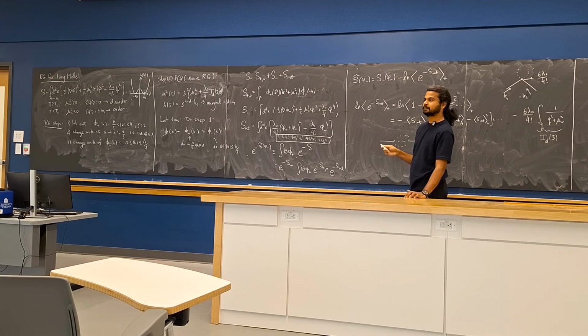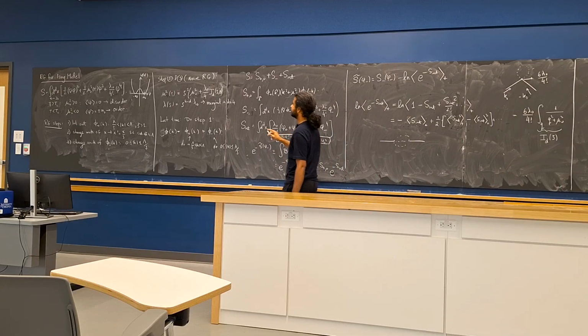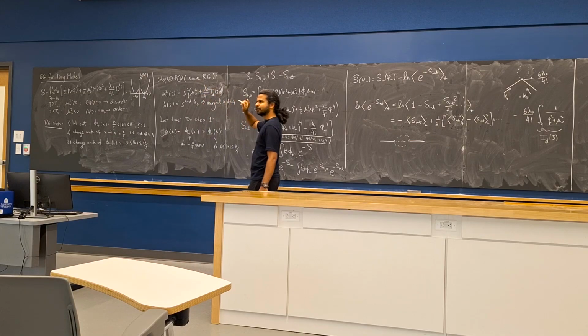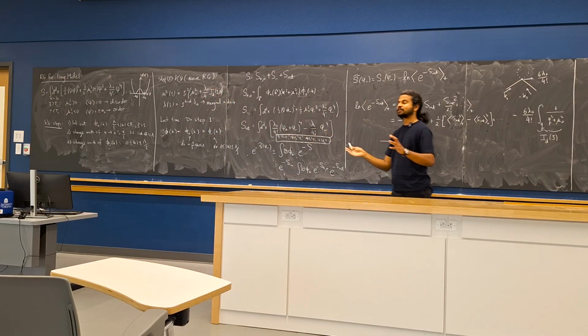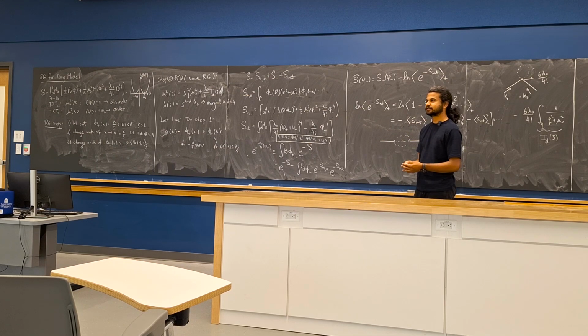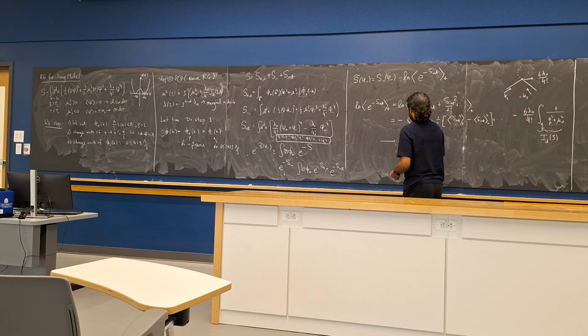It does pick up a constant, but it will be higher order when we expand it out. So we are ignoring it for now to just get the leading order flow structure, or leading order phase structure, of this theory.